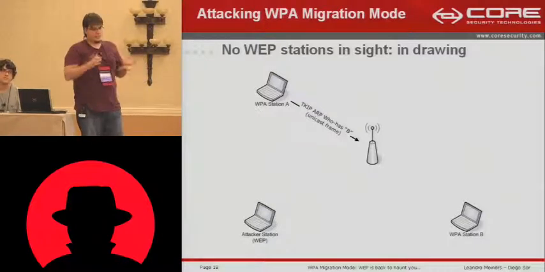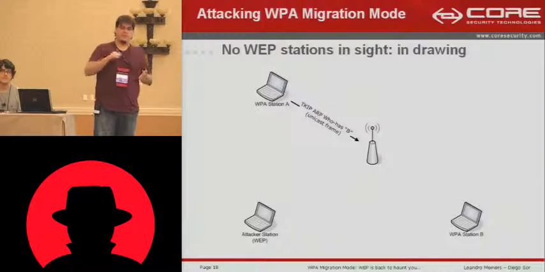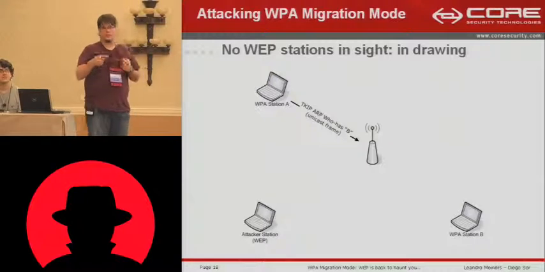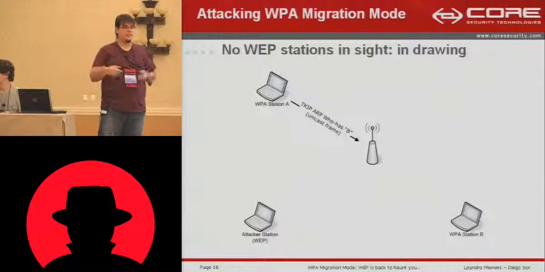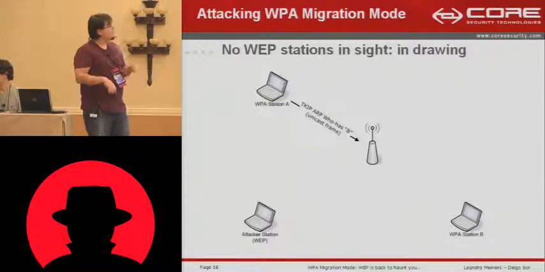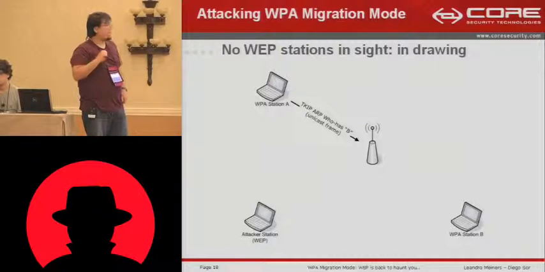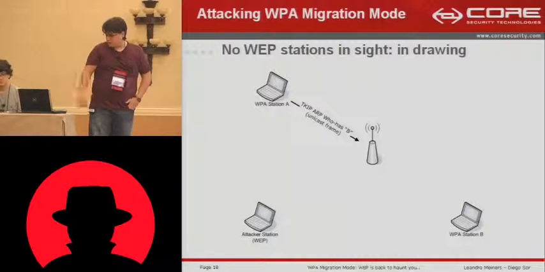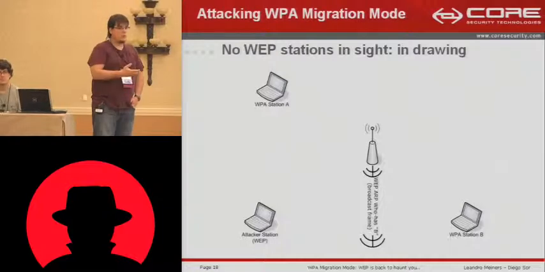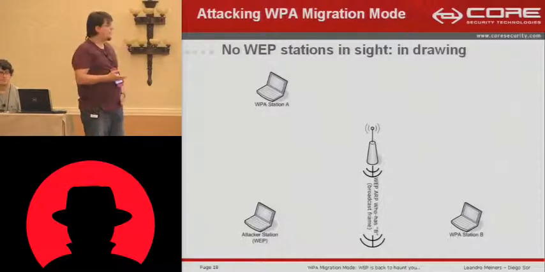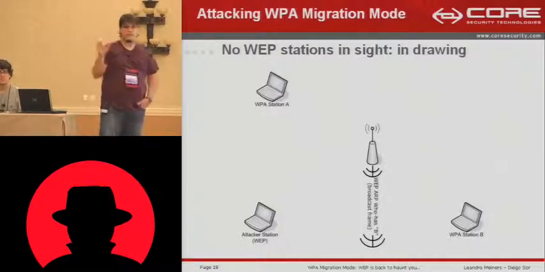In WPA and WPA2, since everything has to go through the AP, stations never use the broadcast key to encrypt. They only use the unicast key, and then the AP uses the broadcast key if it has to forward it along. So this is sent in the air as a unicast frame, which the AP then re-encrypts as a WEP frame because the multicast cipher is WEP, and it's sent on the air.